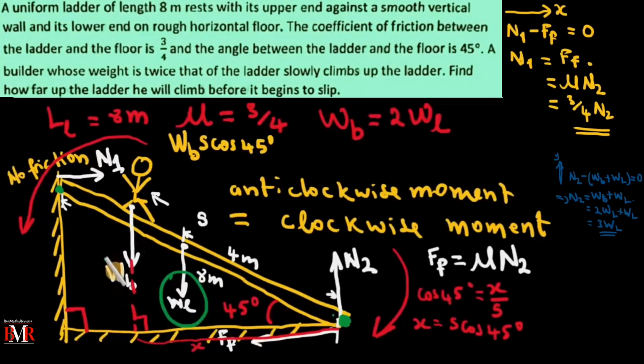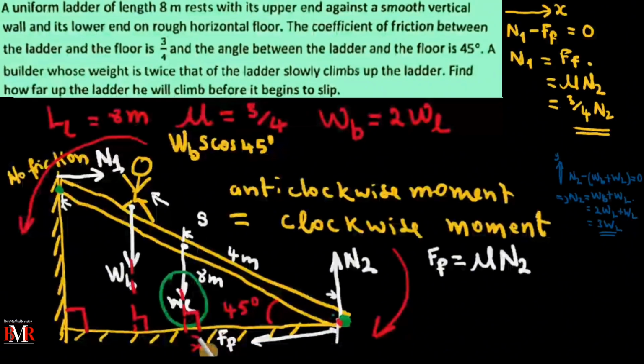Now let me calculate the moment of WL from the turning point. That is WL times the perpendicular distance from WL to the turning point. That is this distance here up to this point. Let's say the distance is x, as I've done before.